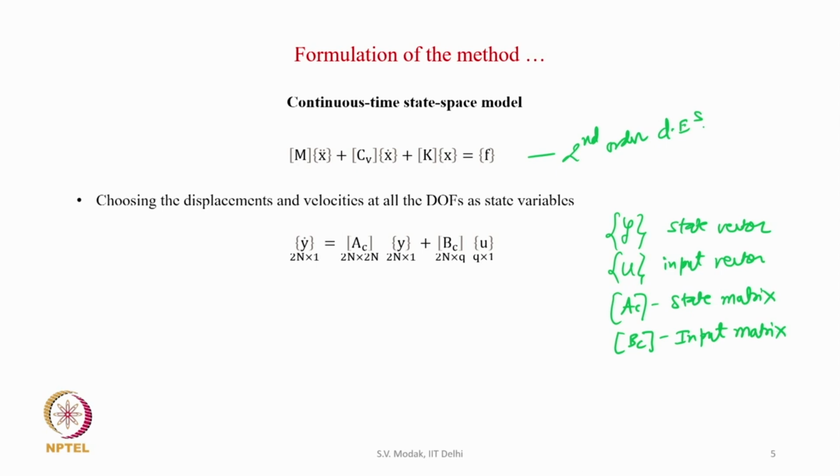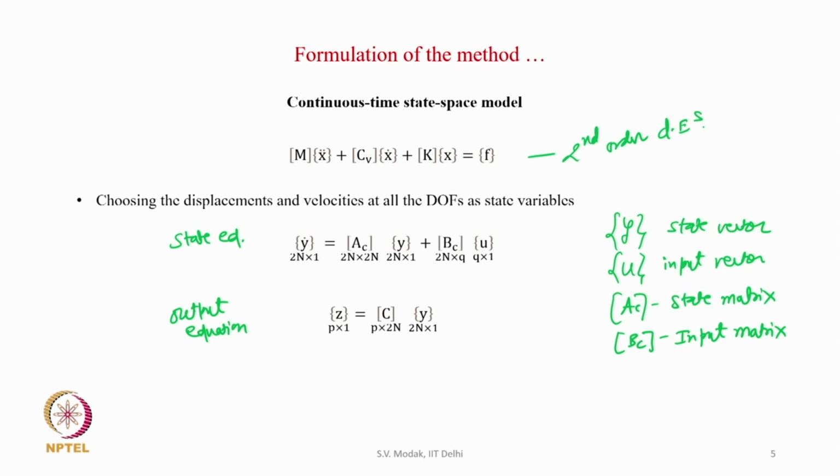Here we have used the subscript c to represent the association of Ac and Bc with the continuous time state space model. This is the output equation, and this of course is the state equation.